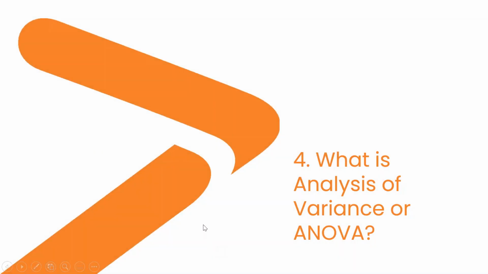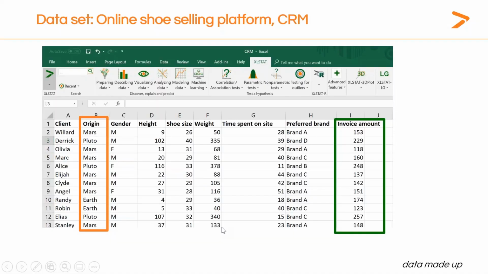So what is analysis of variance, or ANOVA? Imagine now we want to explain this same dependent variable, so invoice amount, according this time to origin, which is qualitative. Here's the question. How does invoice amount vary according to origin?